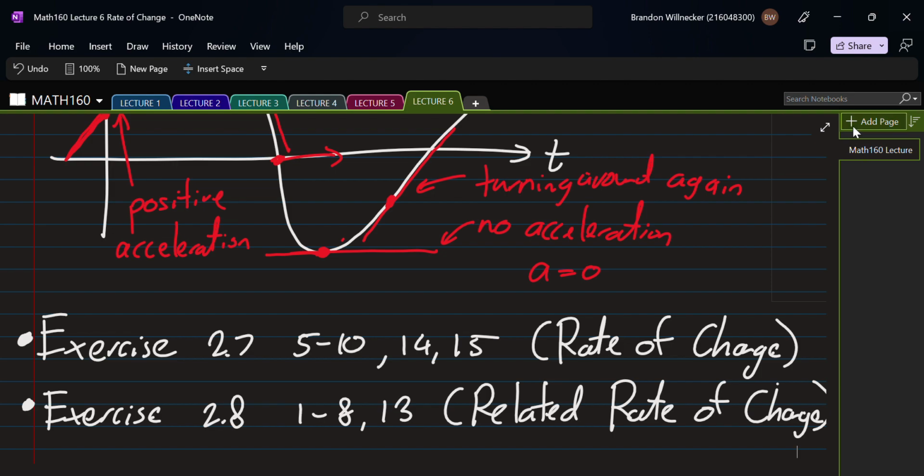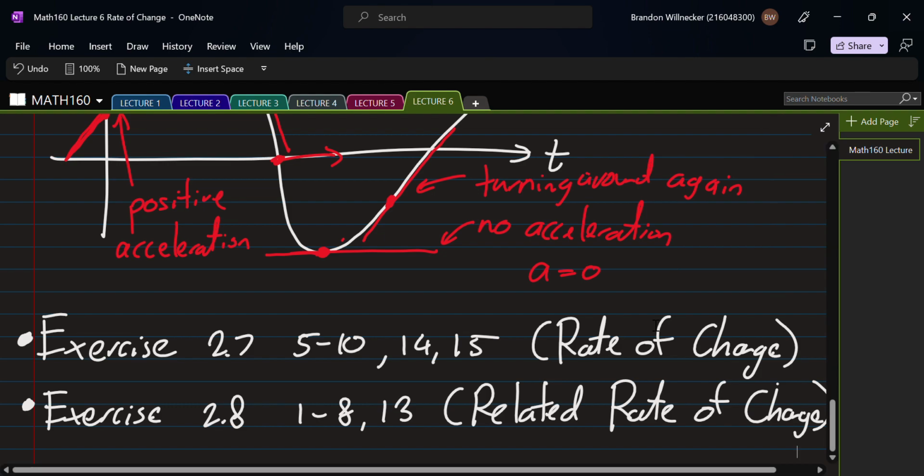Let's have a look at the second part of this chapter on related rates of change.